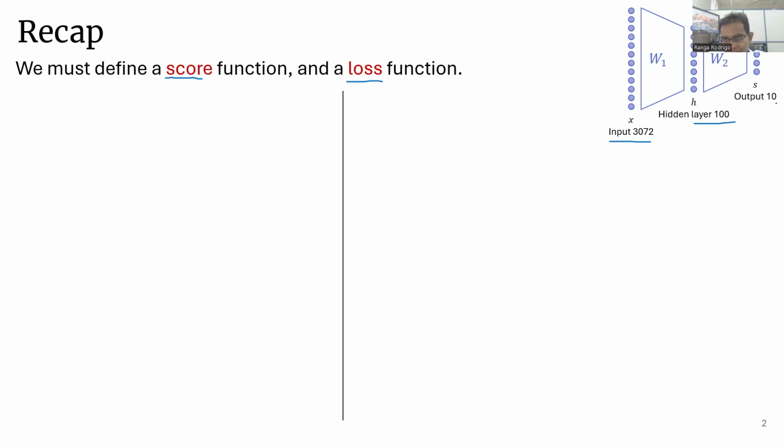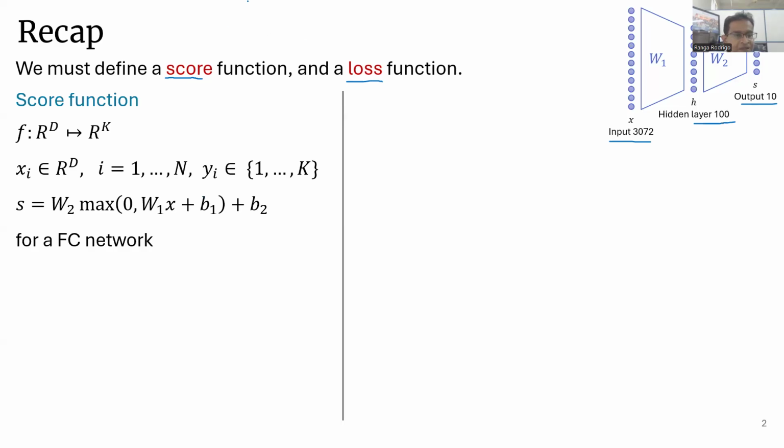This is a fully connected network. And output 10 nodes to represent the 10 classes. Based on the output, you can compute an error measure. So it computes a score, and then you can compute a loss based on that.